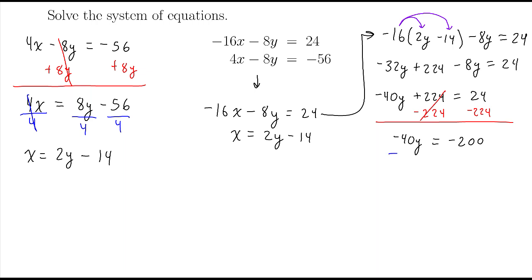Get y by itself, divide both sides by negative 40. Y equals negative 200 divided by negative 40, which would be 5. So we have our y value is 5.